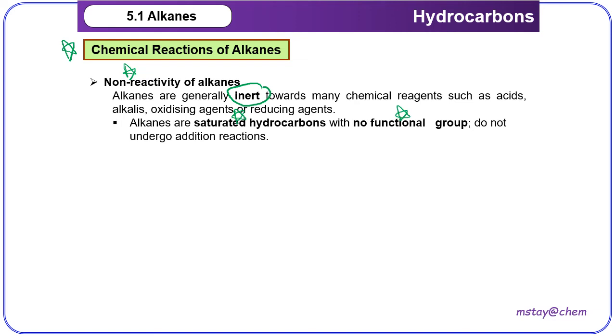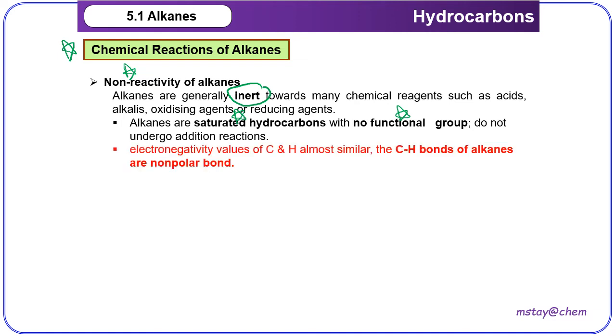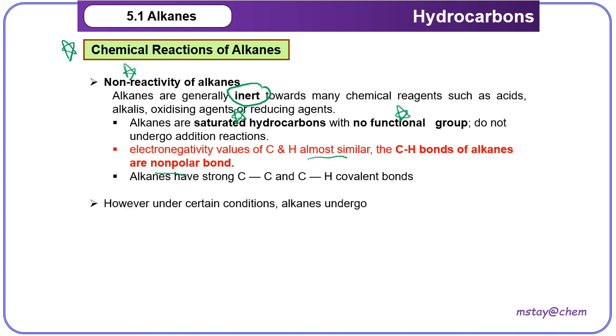If there is no functional group, that means there will be less chemical reaction. Furthermore, the electronegativity of carbon and hydrogen is almost similar, making the bond between carbon and hydrogen a non-polar bond, and that makes them very inert towards chemical reaction.